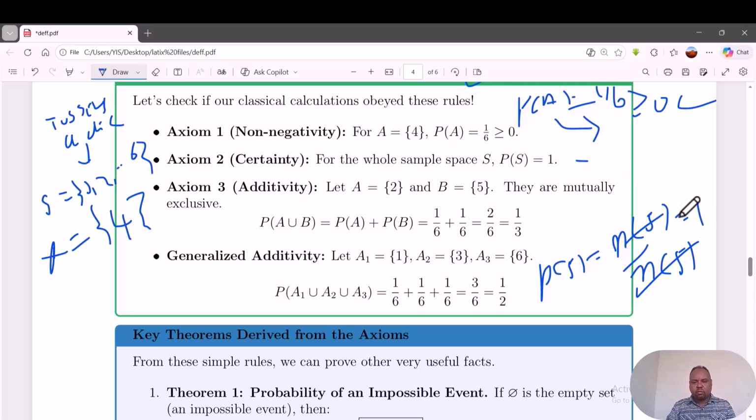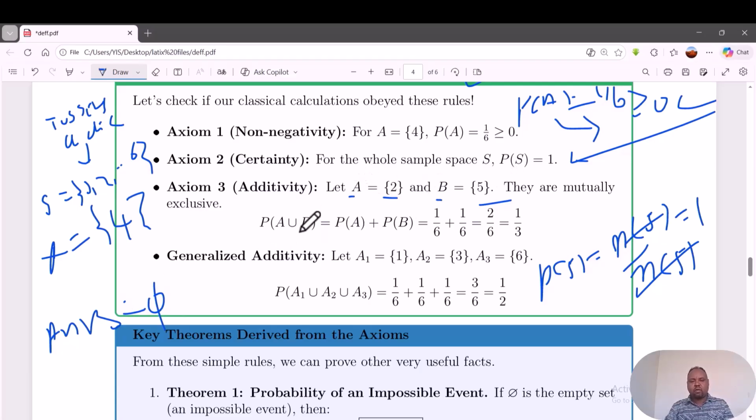This axiom or rule is also satisfied for the random experiment of tossing a six-sided die once. And for the additivity axiom, let A be given by S1 and B be given by S1. They are mutually exclusive because A intersection B is the empty set, right? They don't have any element in common.